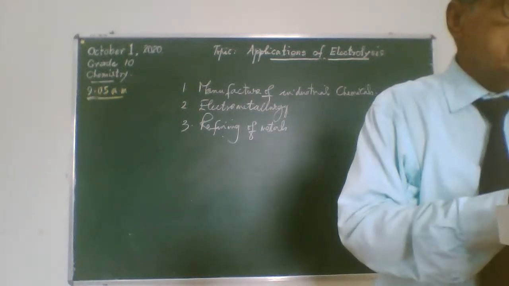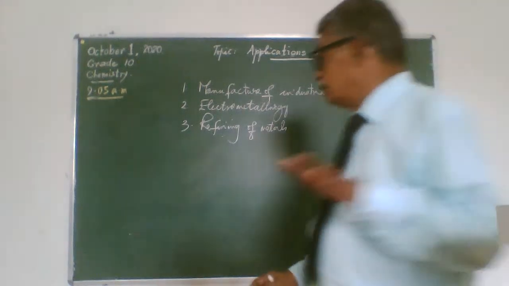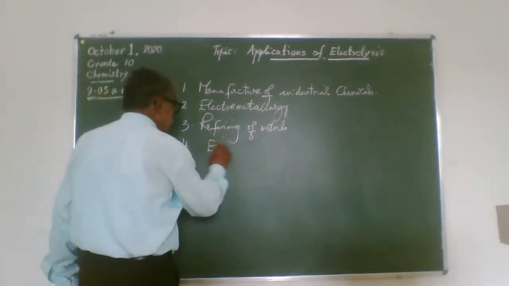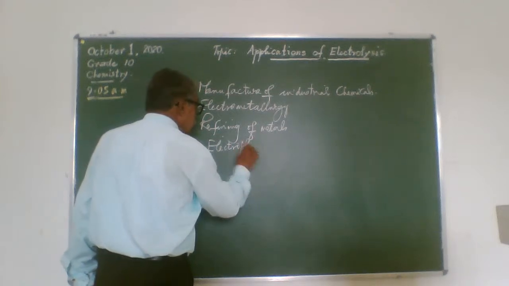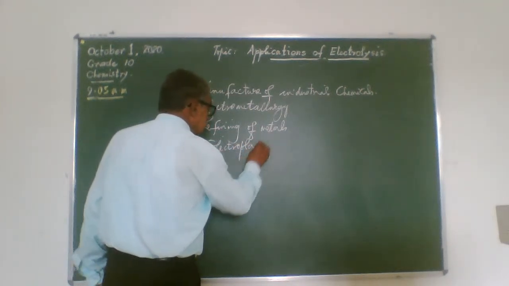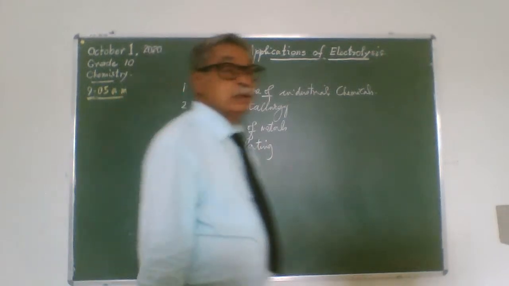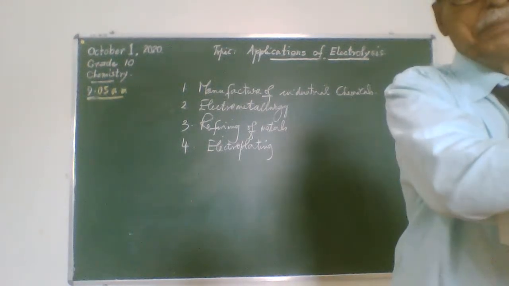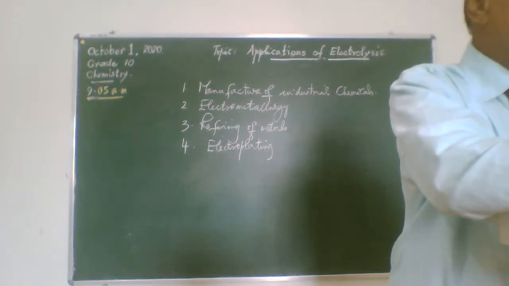And finally, electroplating. That's also a very important one. By electroplating, we decorate metals. You must have seen nowadays very popular 1 gram gold ornaments.